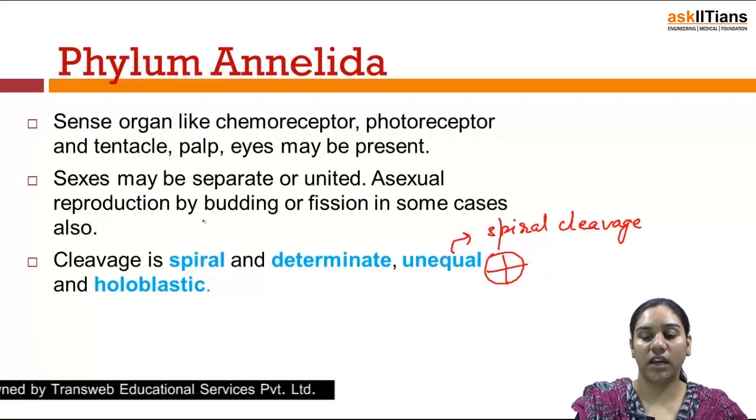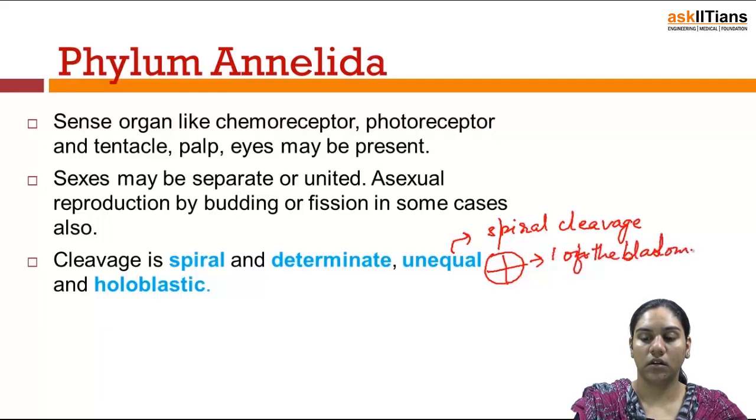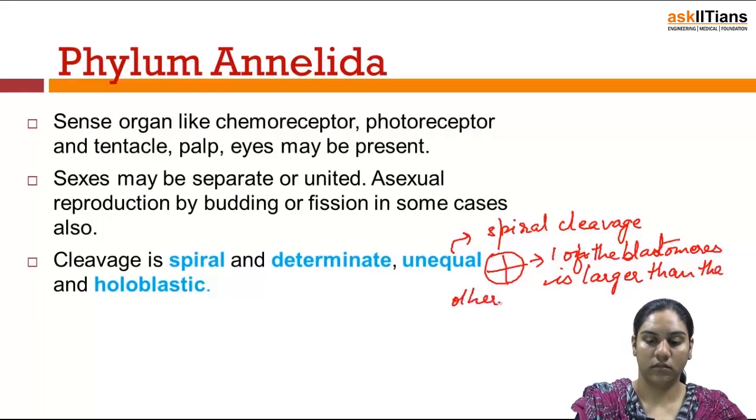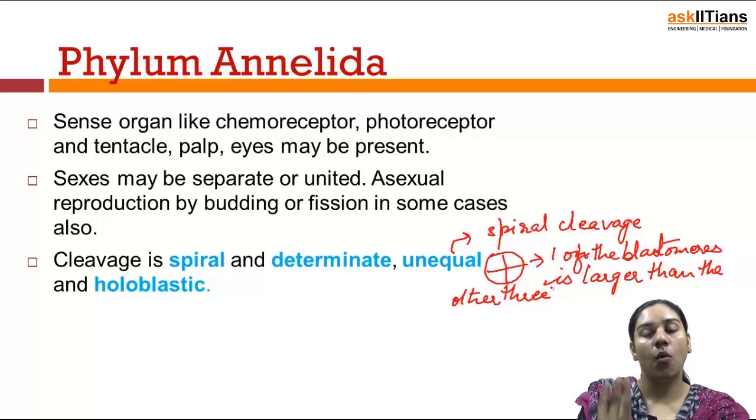In unequal cleavage, one of the blastomeres is larger than the other three. So this is what happens in unequal cleavage.